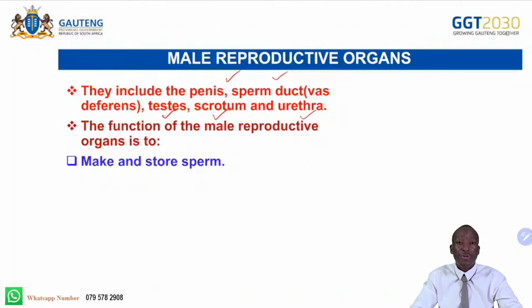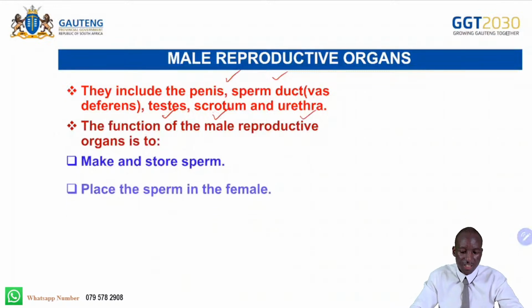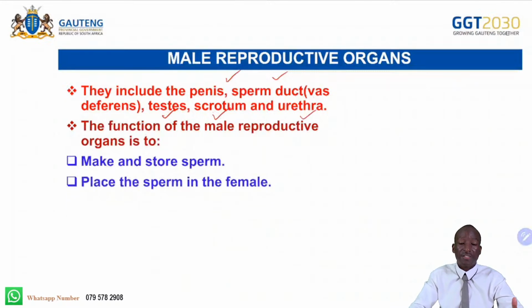So it all begins with the production of sperms, which is done by the males. This system is also responsible for placing the sperm into the female. The male reproductive organs should be able to place the sperm into the females.